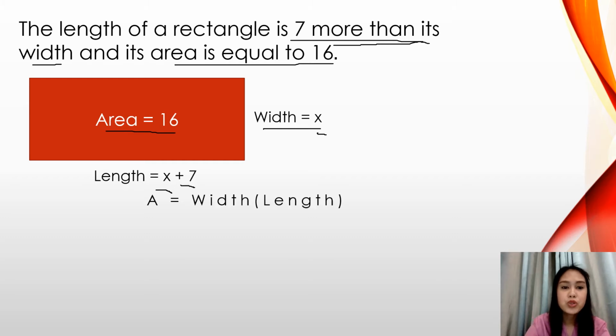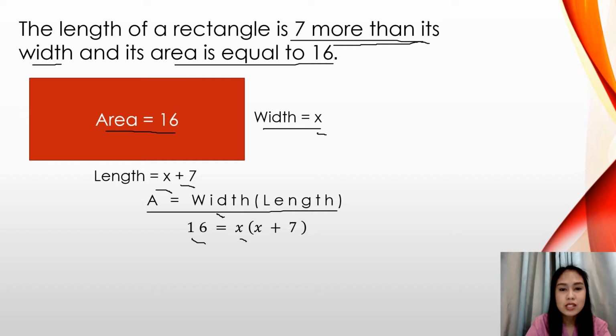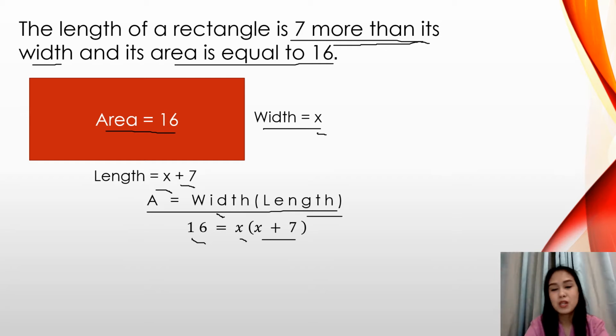So if we are going to use the formula of the area, which is width times length, we just simply substitute what is given in the sentence. The area is equal to 16, the width is equal to x, while the length is equal to x plus 7.